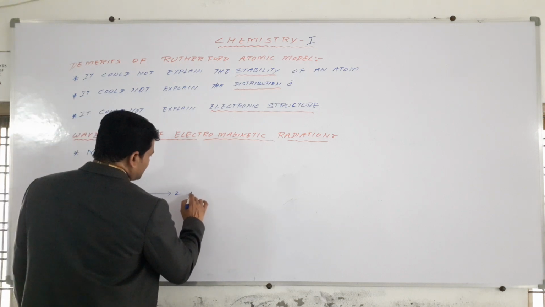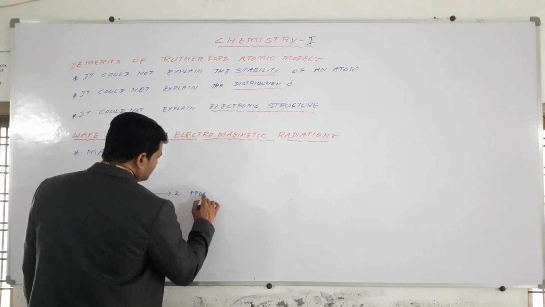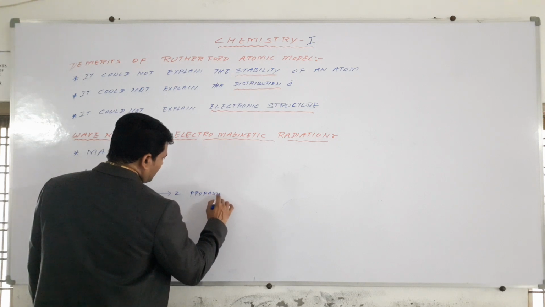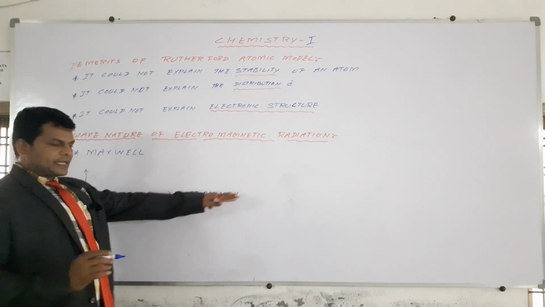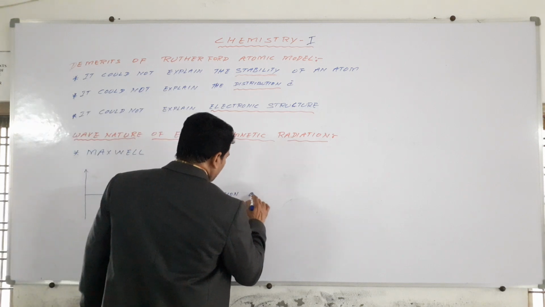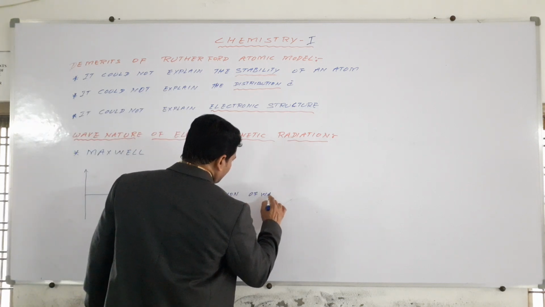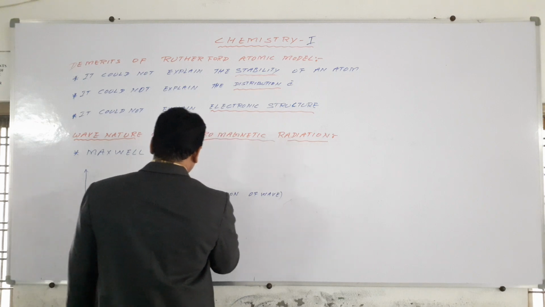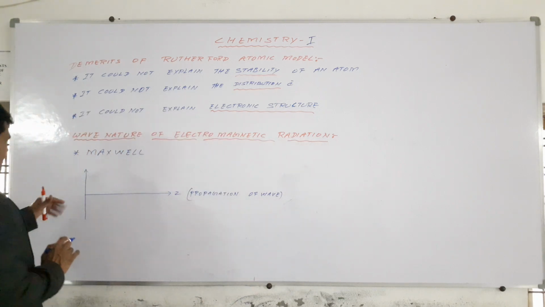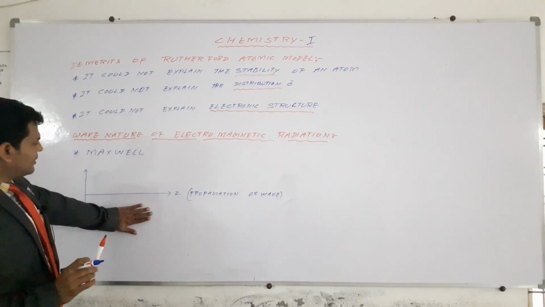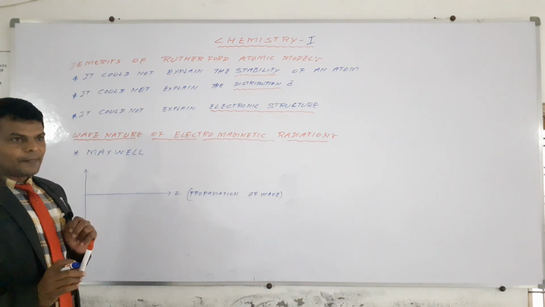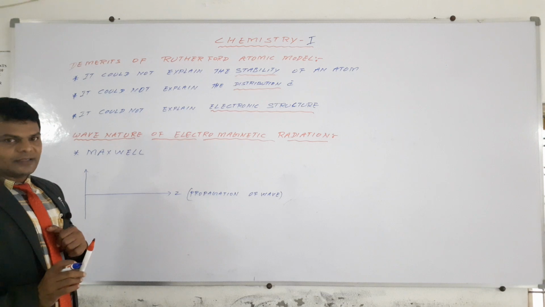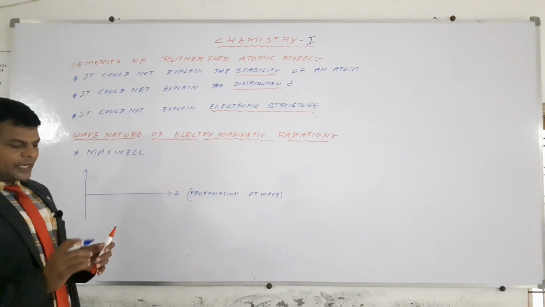It is the propagation of a wave, meaning the wave propagates in this direction. When the wave propagates, it has two fields, electric and magnetic, which are perpendicular to each other.